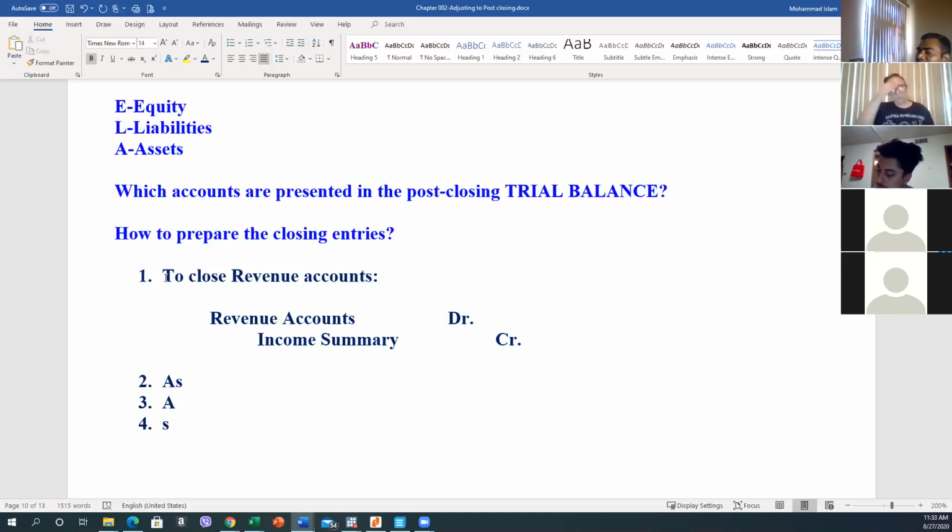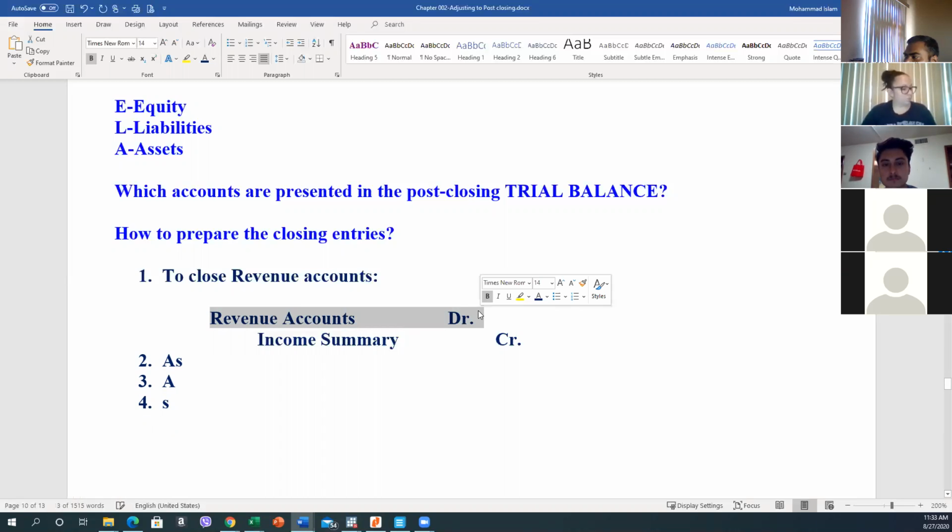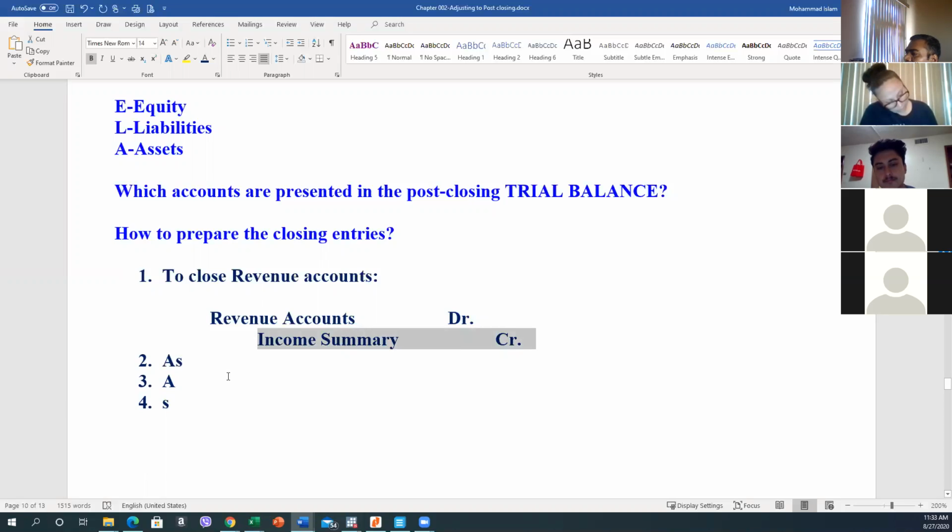We know that revenue accounts are closed in the income statement, correct? So that is what we have done here. You will debit all the revenue accounts and you will write the income summary for the total.